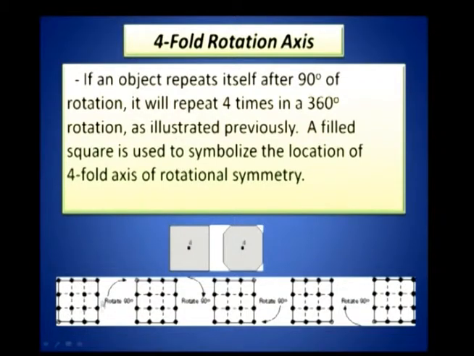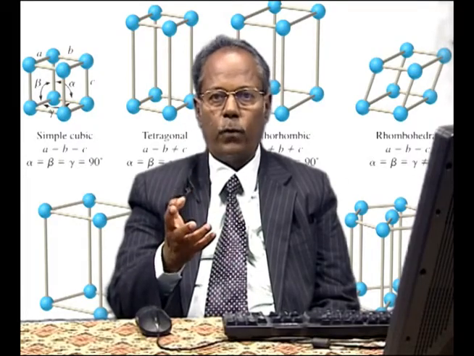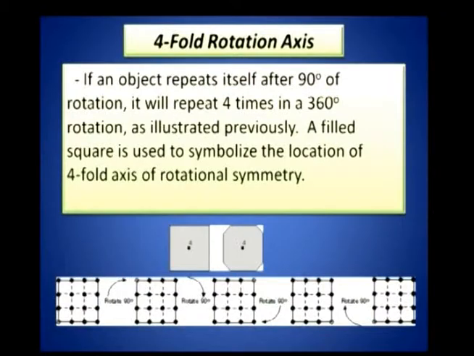When it is rotated through 90 degrees, it goes to a lattice which is in no way different from this lattice. Again rotation through 90 and so on. So, a square lattice, by now all of you know, will have a 4-fold rotation axis. An equilateral triangle will have a 3-fold rotation axis, whereas a square will have a 4-fold rotation axis. This is what I intend to say from this slide.